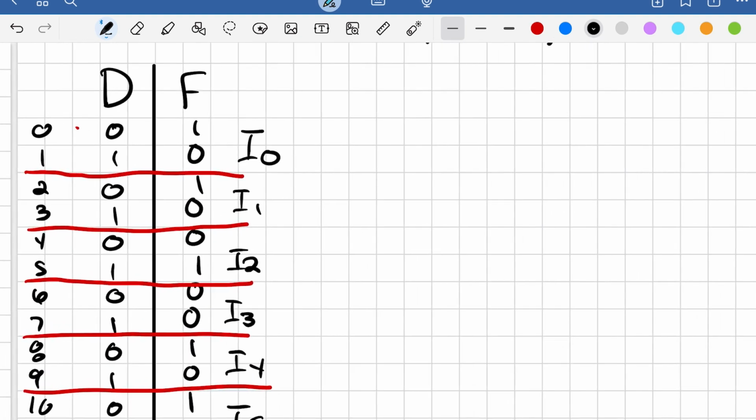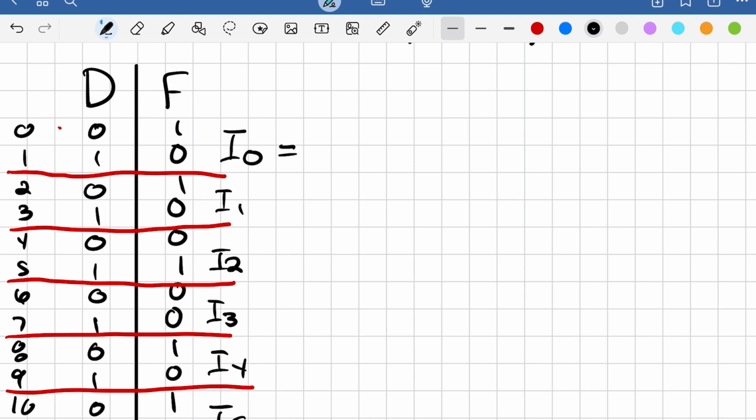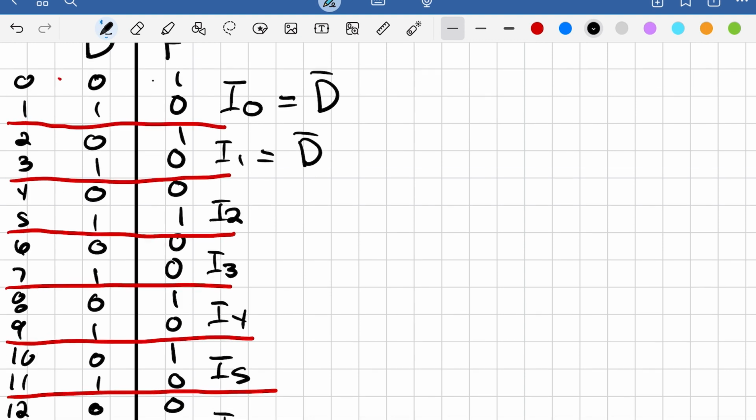Okay. So when looking at this, I0 is equal to D prime, because when our F is 1, our D is 0, and when our F is 0, our D is 1. So it's D prime. It is the exact opposite. Our I1 is also D prime because it's the opposite.